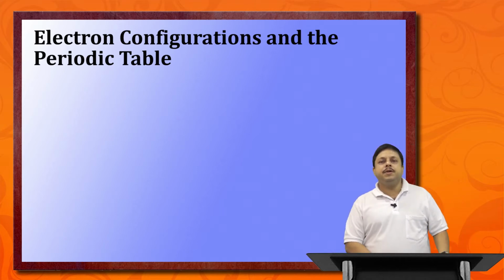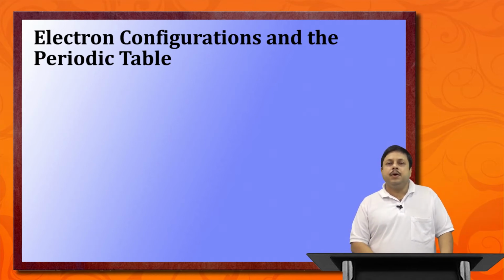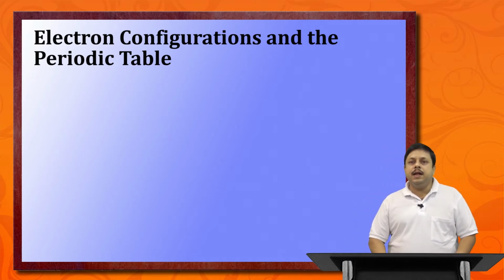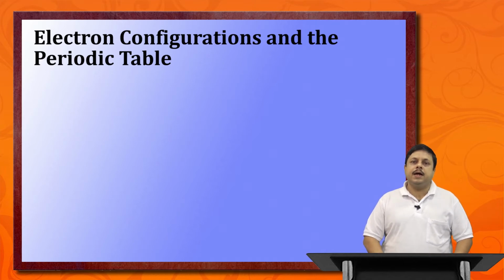So position on the periodic table is always a very good indicator of the electronic configuration. And these electronic configurations determine the actual properties associated with these elements.